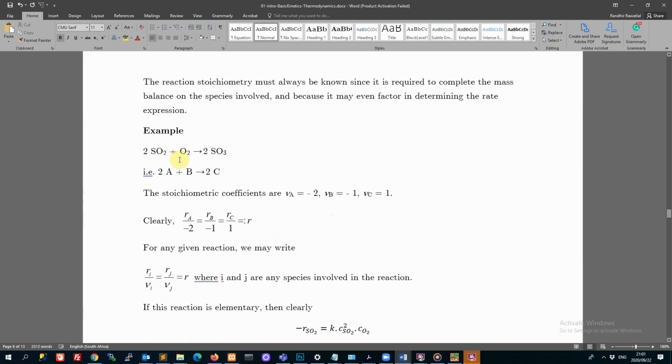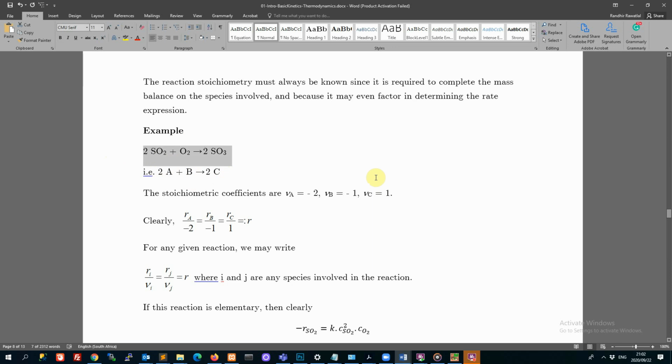Sulfur dioxide reacting with oxygen: two sulfur dioxides reacting with oxygen give you two sulfur trioxides. You can abstract this representation a bit. You can say 2A plus B gives you 2C.